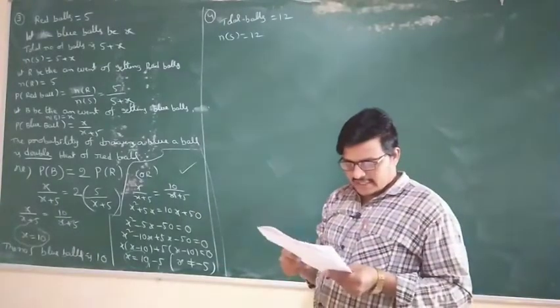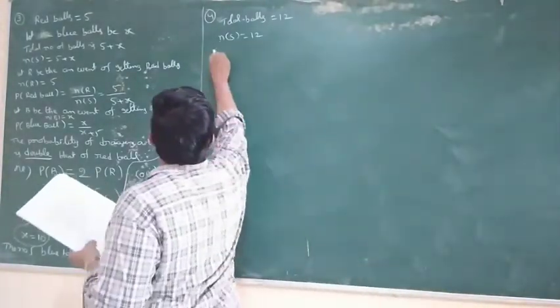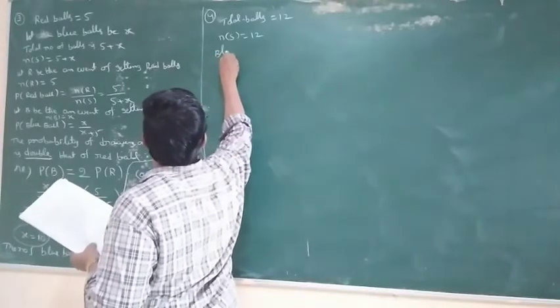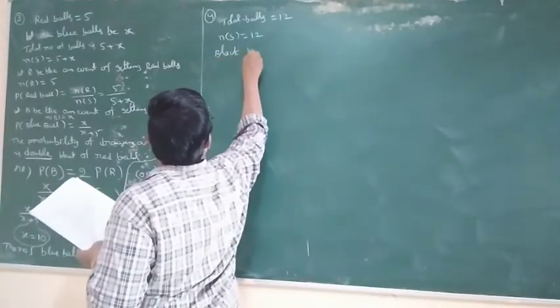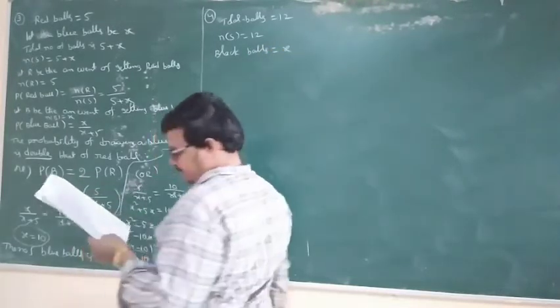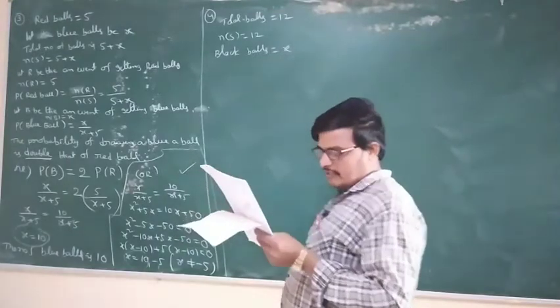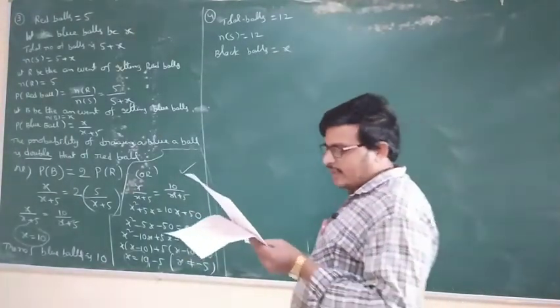A box contains 12 balls, out of which x are black balls. Out of x are black, x is the number of black balls.